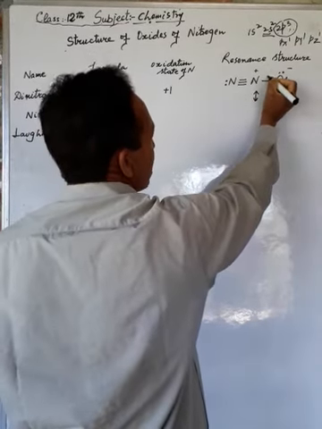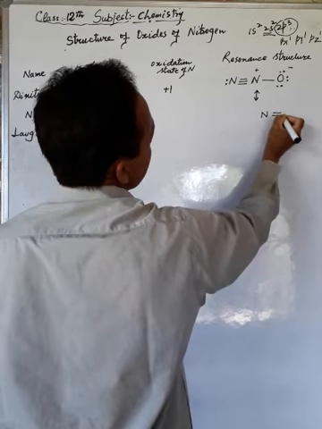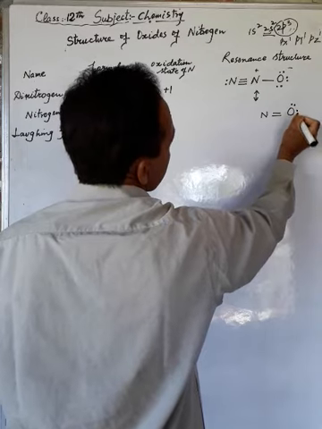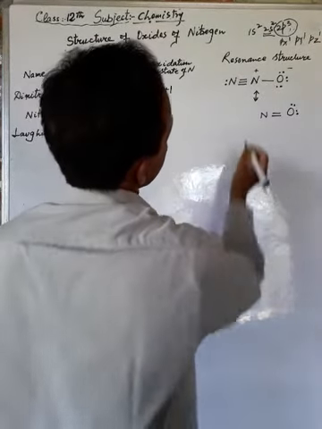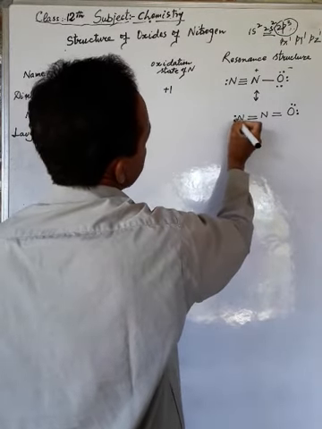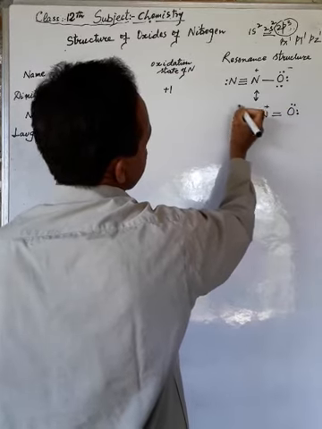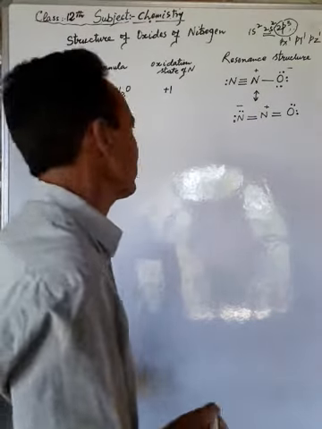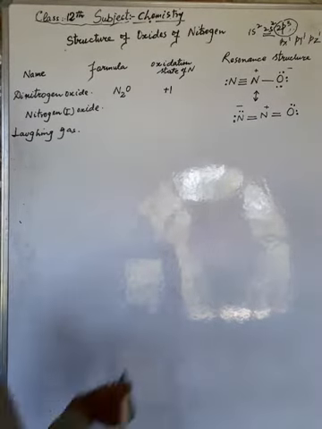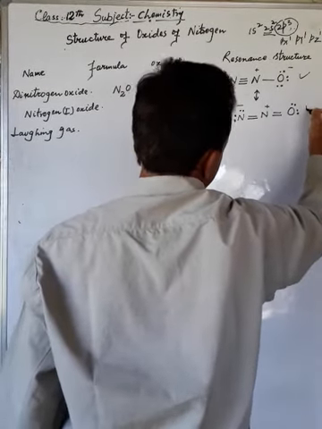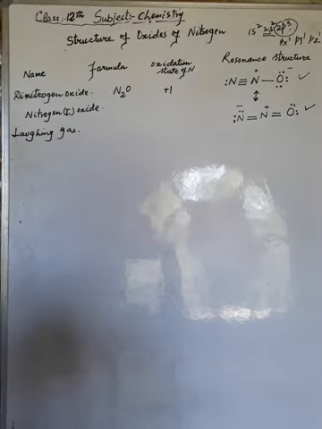These two electrons shift here, so a double bond with oxygen. These two electrons come here, and this electron pair shifts from here to here. This is positive and this is negative. We can show the charge or we cannot show the charge on the nitrogen atom. So this is the resonance structure, or we can show the resonance structure like this. This is the resonance structure of dinitrogen oxide.